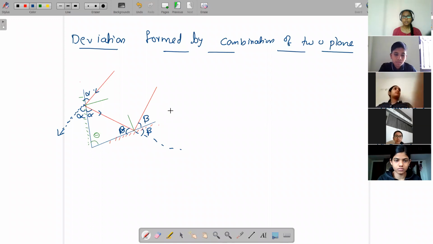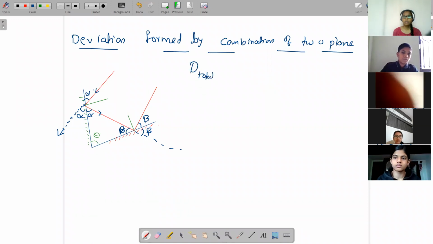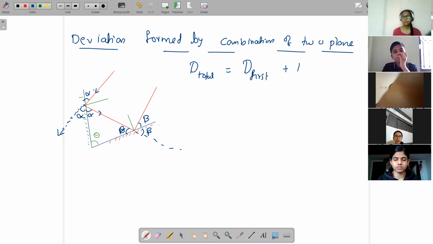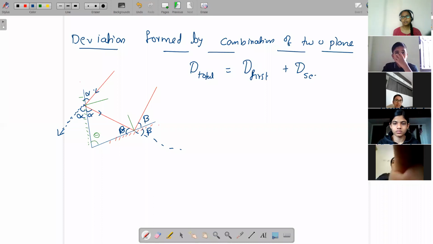From this figure we need to calculate the angle of deviation suffered. So the total angle of deviation is equal to the angle of deviation by the first mirror plus the angle of deviation by the second mirror.